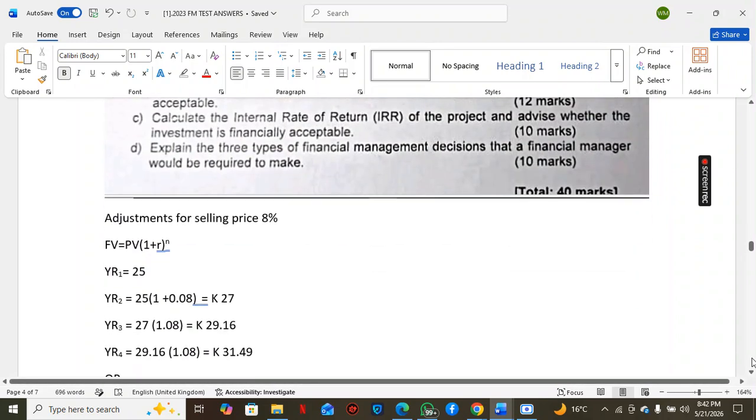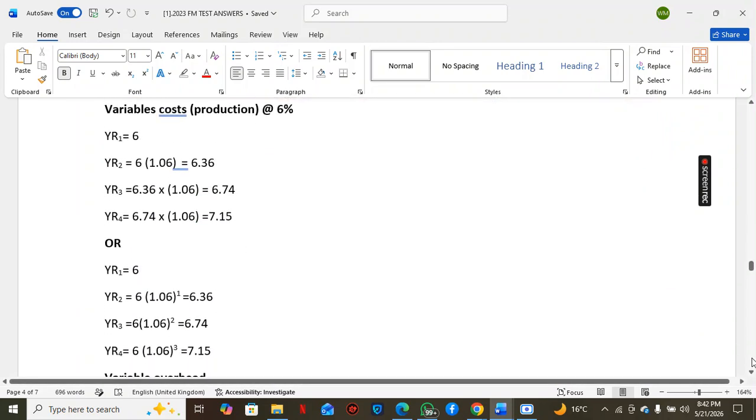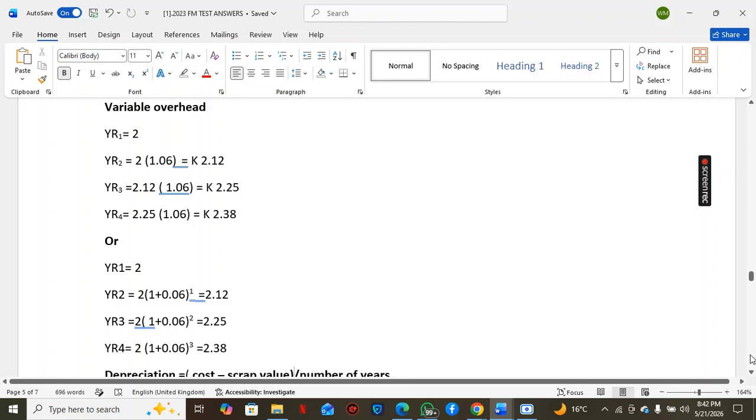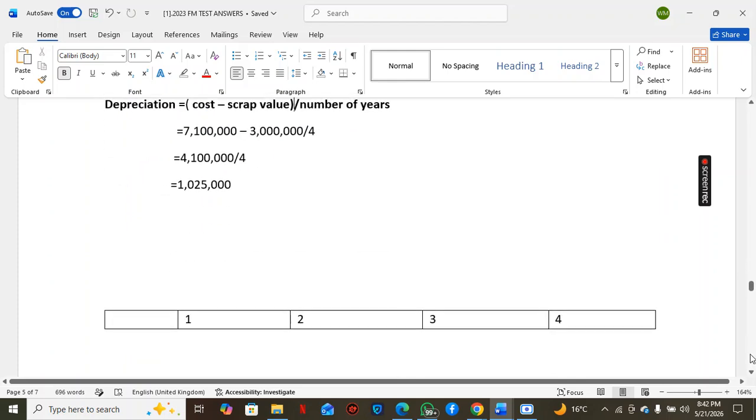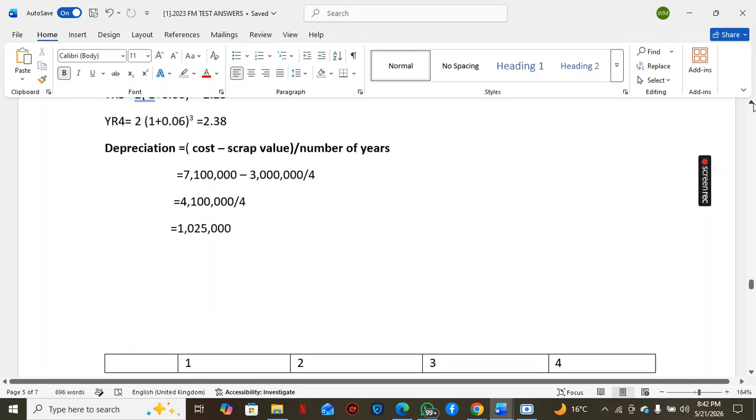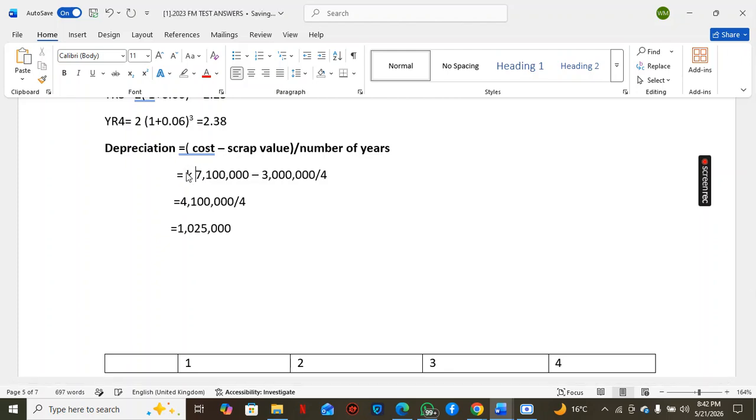You underline, because you should see the questions. They are paragraphs. So it's important to underline, colleagues.